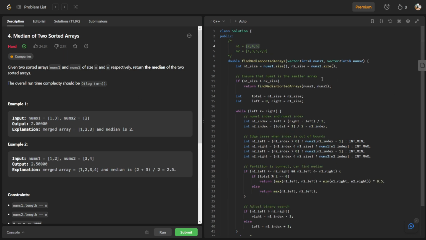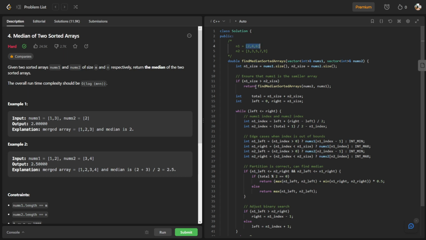What I do first is find the size of both arrays, which we'll call n1 and n2. For this to work, I need n1 to be the shorter array of the two.